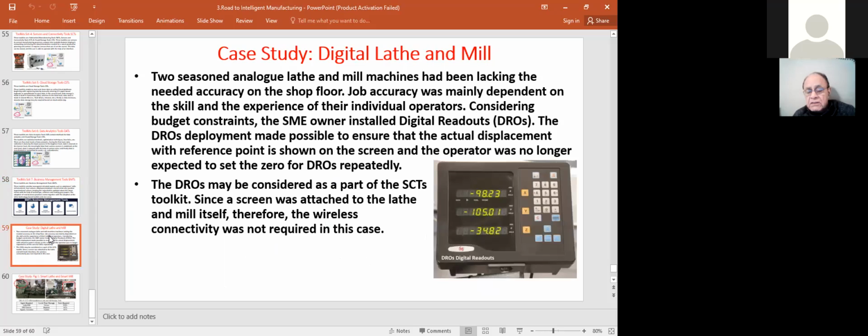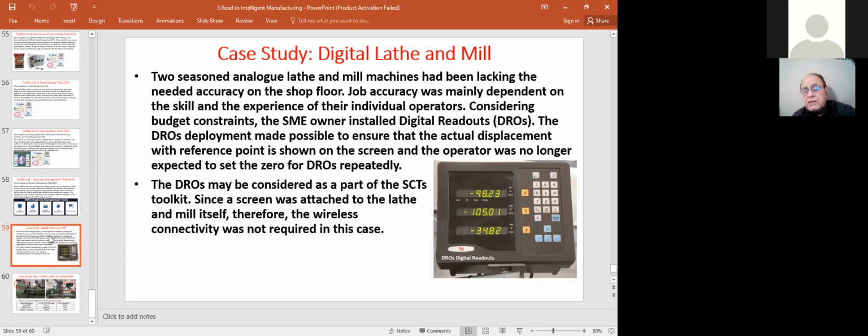This is an example of application of digitization to your manufacturing equipment, whatever it can be.